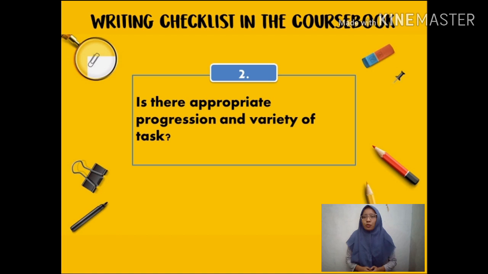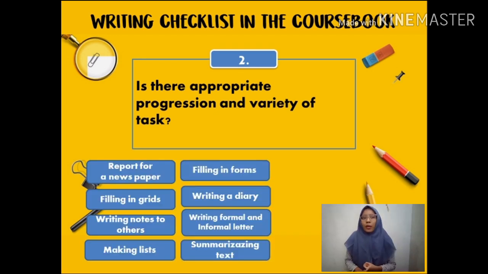Well, a good course book should provide a variety of tasks. Alan Koningswartz explains several types of writing tasks or exercises that can be added in the course book, such as report for a newspaper, filling in grids, writing notes to others, making lists, filling in forms, writing a diary, writing formal and informal letters, and summarizing text, and etc. Therefore, the writing activity in the course book should not be monotonous.